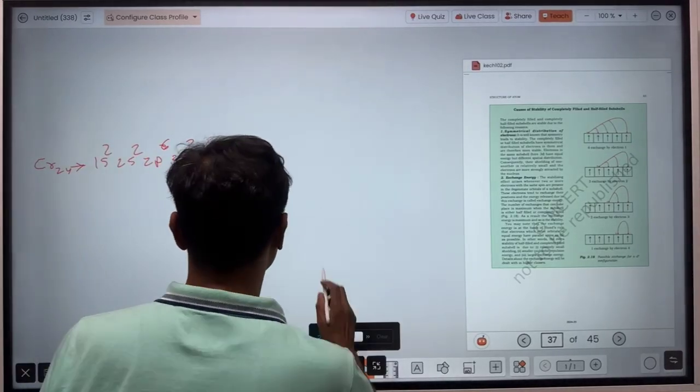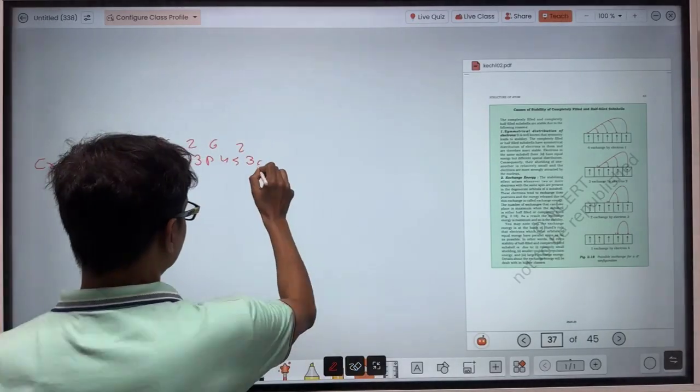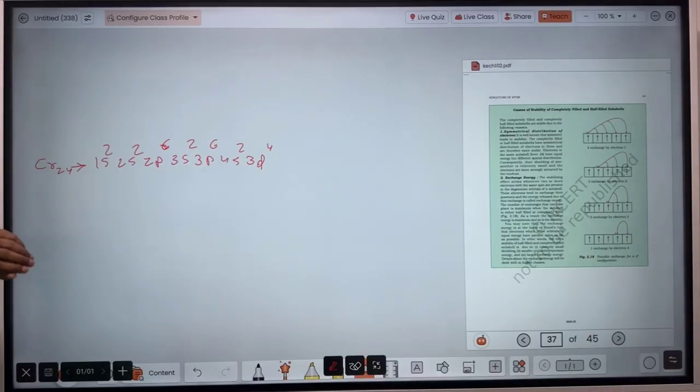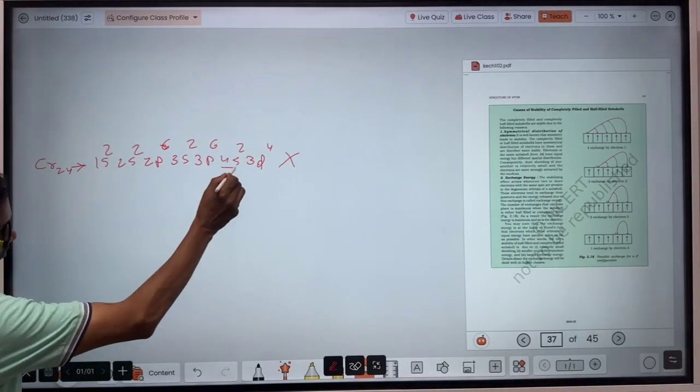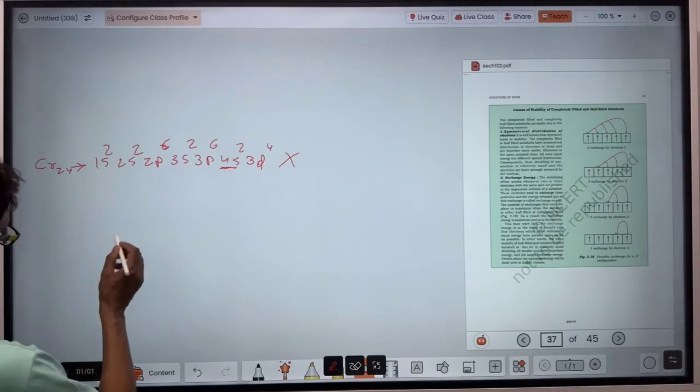But what happened? That would be the electronic configuration of chromium, but actually it is not. To provide extra stability, 1 electron from 4s enters into 3d.